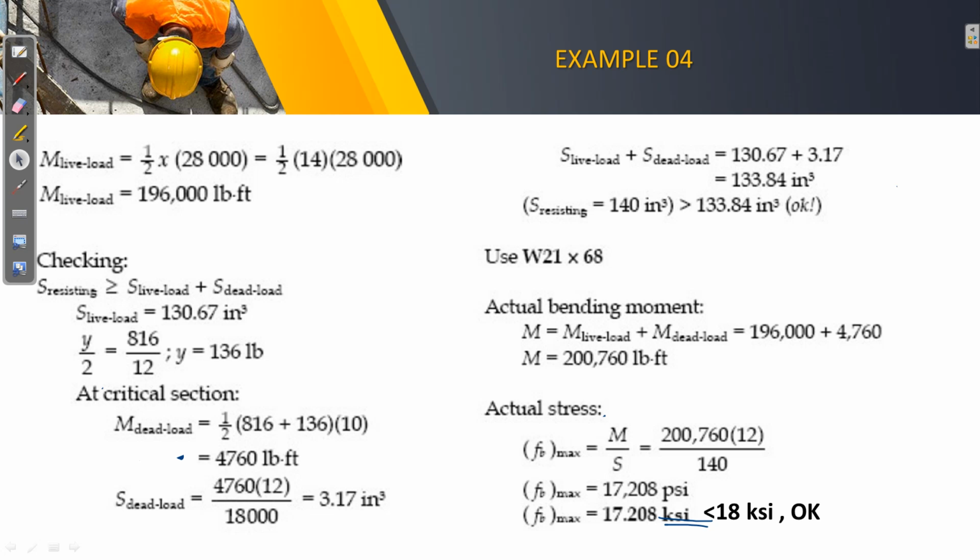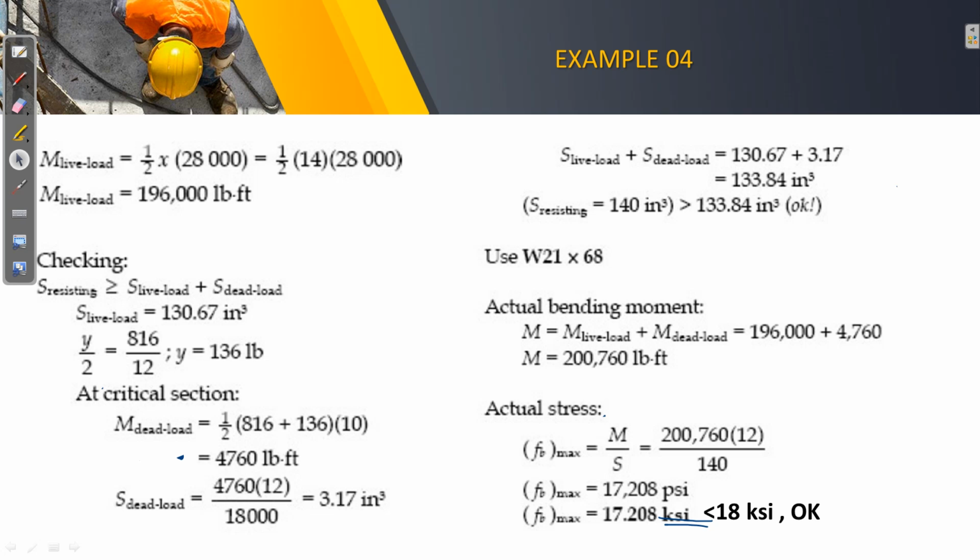So the S resisting is checked already, wherein the S resisting is exceeding your actual S live load and S dead load, okay, which is 133.84. So we use W21 by 68.